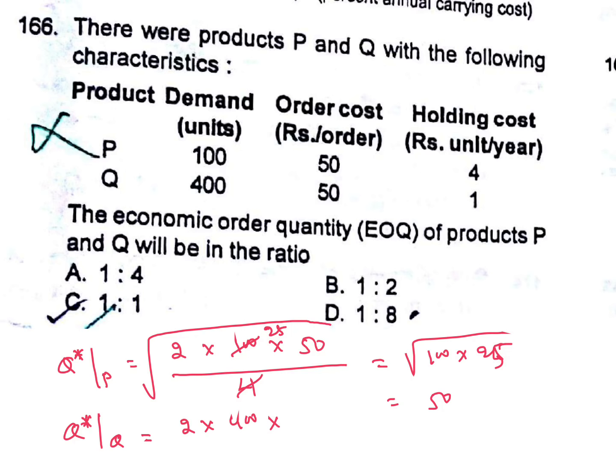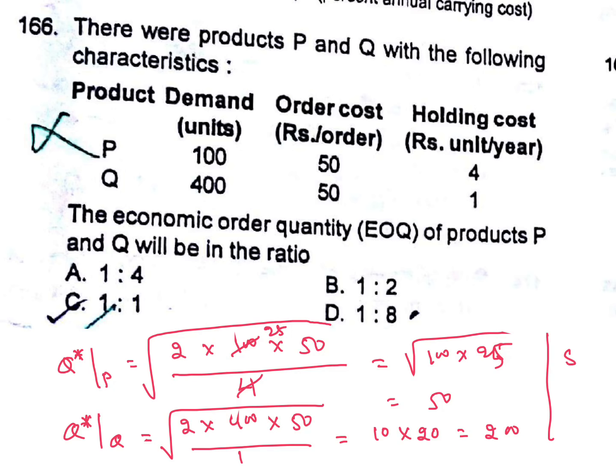So 100 into 400 whole root over 10 into 20. You will get 200. If you divide these two, 50 by 200, you will get 1 by 4. A is the answer, but the official answer is D.